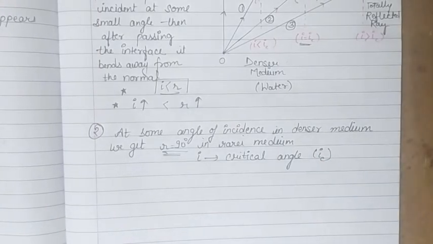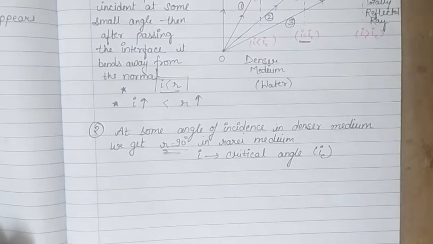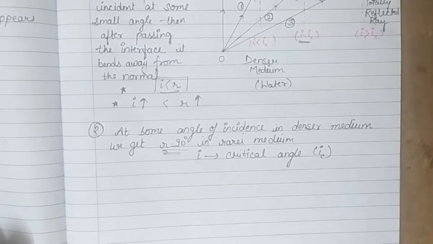So as we increase I, r will be increasing, and at a certain value of I, we get r equal to 90 degree, and that value of I is called critical angle for that particular combination of media.